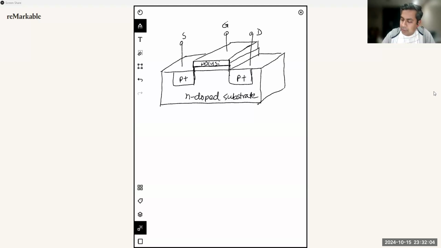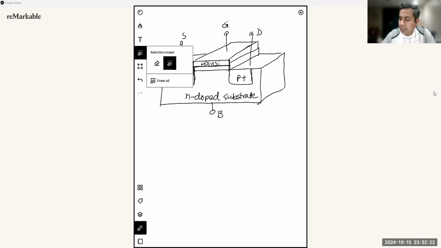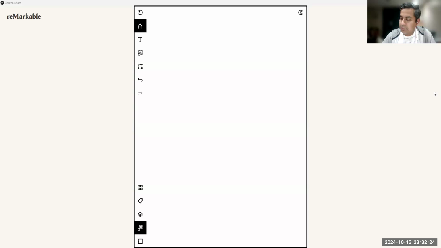And it has the same name for the terminal, gate, body, source, and drain. So for our analysis, we are just going to focus on NMOSes first, and then we can move on to the analysis of the PMOS side. So for the NMOS, we are basically dealing with this structure.